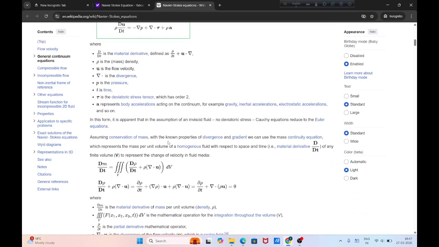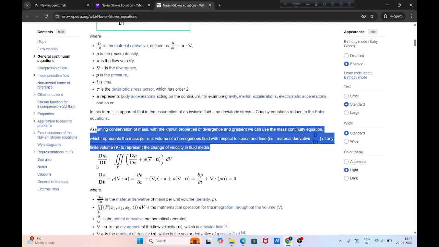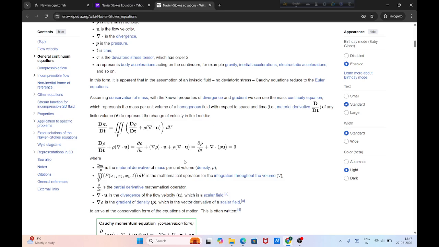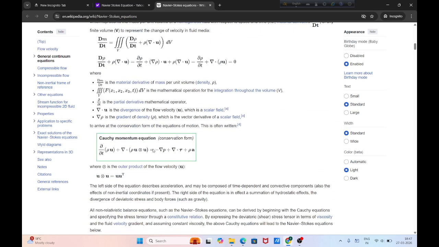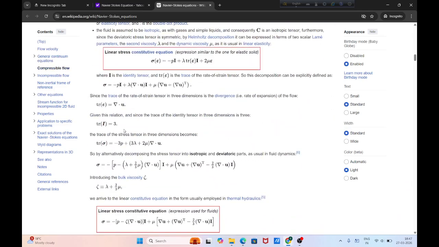So basically, this is Newton's second law of motion, but for fluids. And this one is the conservation of mass. Whatever mass is entering, that same mass will exit through a control volume to maintain continuity. That is the Cauchy momentum equation. Where is the mass equation?